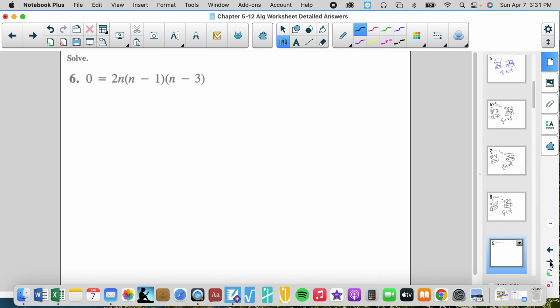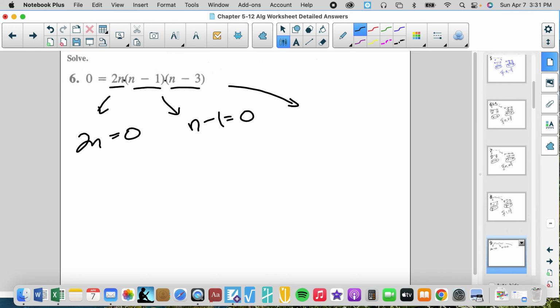Now we have three numbers multiplying, or three unknowns, three boxes multiplying to make 0. You can have 4, 5, still one of them has to be 0. That's the only way. So we're still going to set each box equal to 0. And then down here, n minus 3 equals 0.